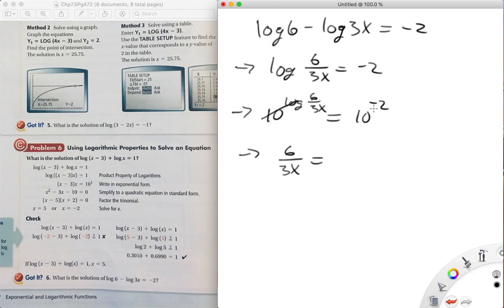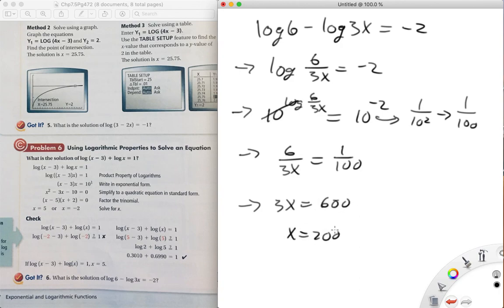I'll turn this into a fraction, so this is the same thing as saying 1 over 10 to the second power, which is 1 over 100. So I'll write this as 1 over 100. And guess what, y'all? I can cross multiply. So I get 3x is equal to 600, and x is equal to 200. Would you look at that?